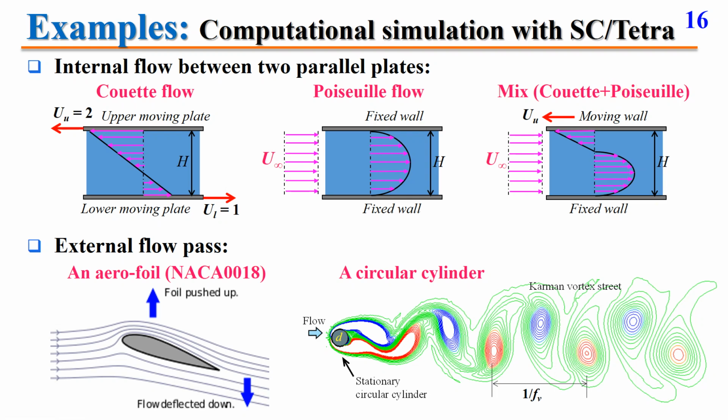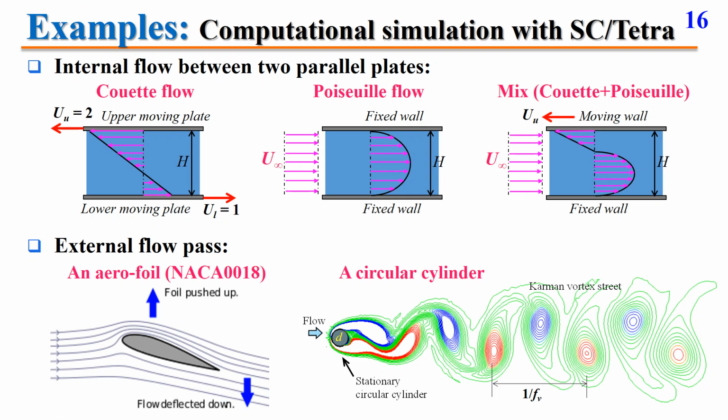In the pre-processing step and the post-processing step, we show the velocity vector, the velocity profile of the flow, and the pressure contour. Okay, this is the basic problem, the first group of the internal flow.